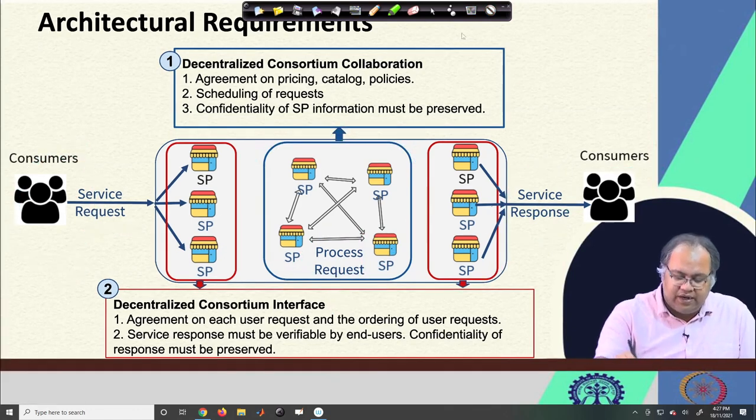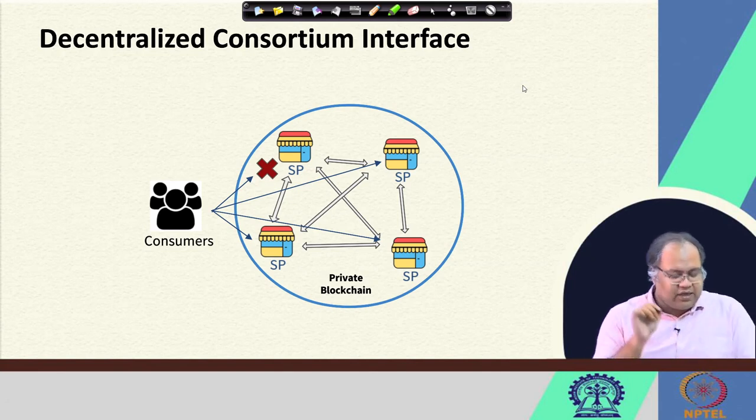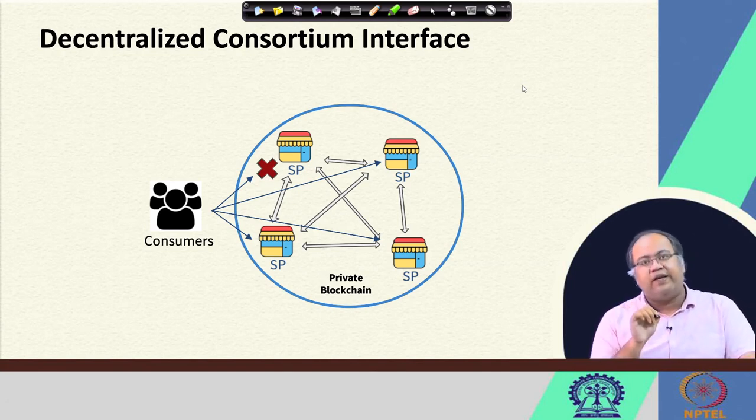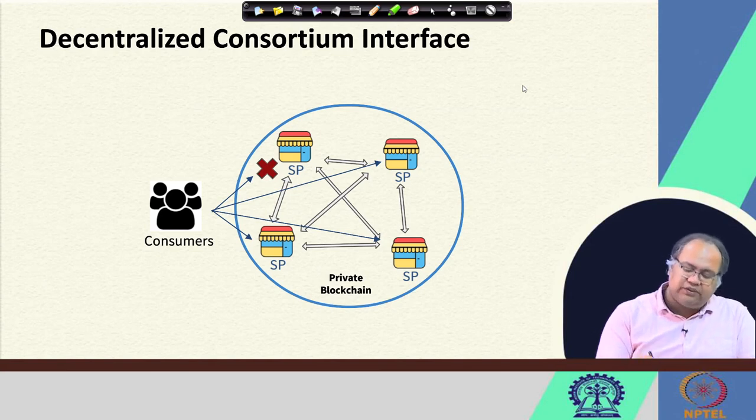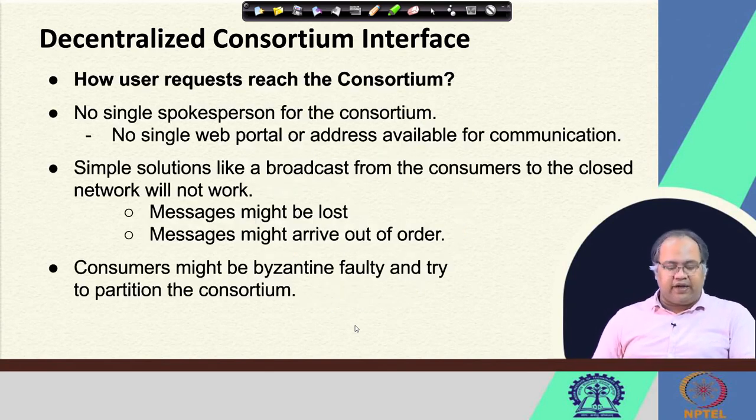So with this requirement, we need to design such a consumer to service provider interface, where the service providers will act in a decentralized way, maybe on top of a private blockchain, and the consumer can broadcast the request to the service providers, and the service providers will collectively take the decision and send back the response to the consumers. Now, while designing such an architecture, the question comes: how will the user request reach the consortium?